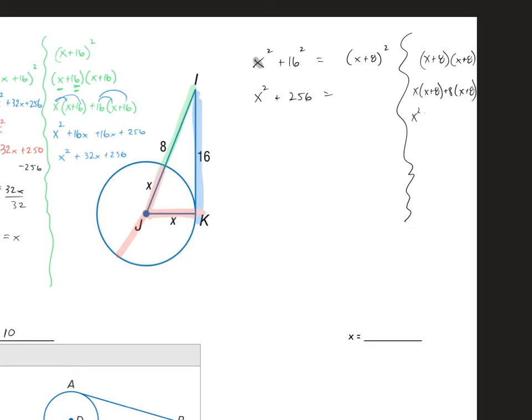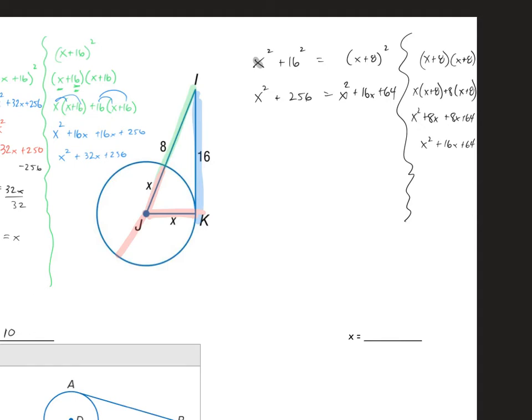I get x squared plus 8x plus 8x plus 64. So you get x squared plus 16x plus 64. That is, again, what this quantity x plus 8 squared becomes.